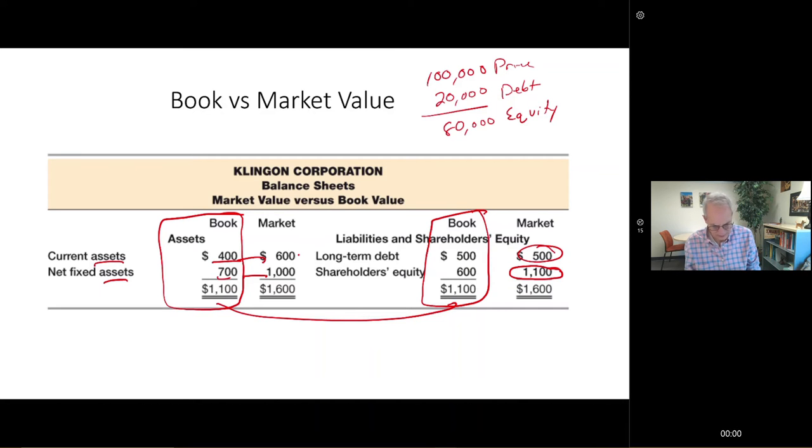Usually it would be a little bit different. Well, let's say the price went up to $130,000. What would happen? Well, you still owe $20,000 to the bank, but now your equity has gone up to $110,000 because the market value went up. Your debt stays the same, which is a good thing.